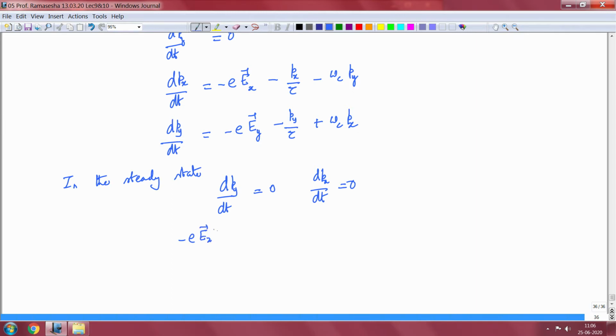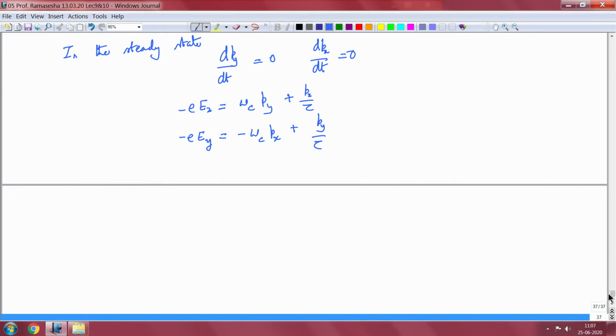Once I write the components there is no arrow on top. So we can write down minus e Ex is equal to omega c py plus px by tau, and minus e Ey is equal to minus omega c px plus py by tau.